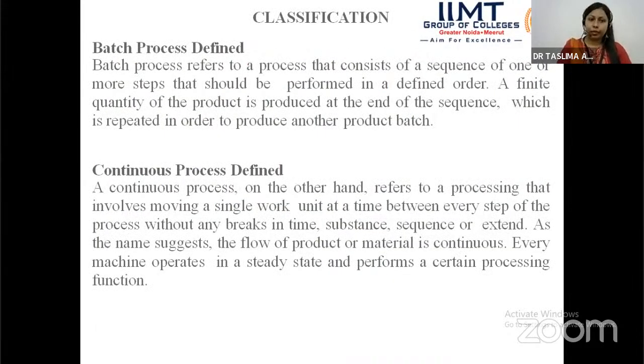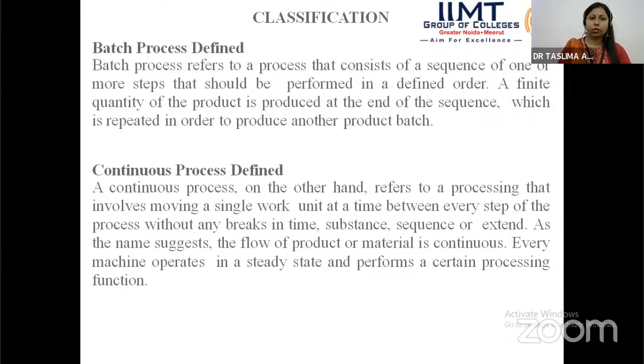Now see the different classification, that is batch process and continuous process. What is a batch process? That is a sequential process that is defined by using a simple sequence of a system. Then the continuous process. A continuous process, on the other hand, involves work over a particular time, and there is no sequence; we cannot break that sequence.